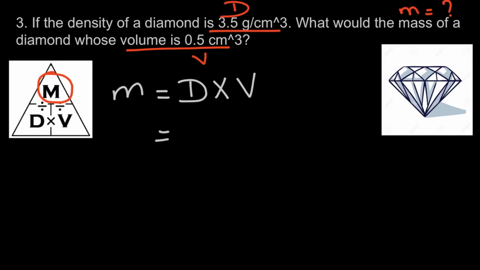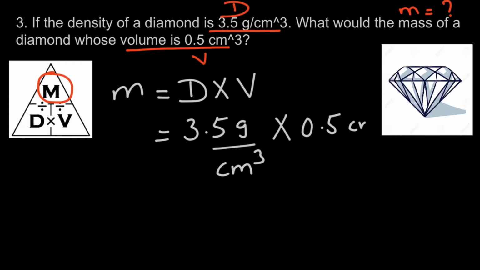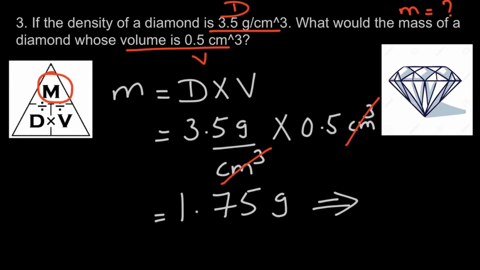Right, so here we have the density given for us, 3.5 grams per centimeters cubed, times the volume, which is 0.5 centimeters cubed. For the unit, we would cancel centimeters cubed with centimeters cubed to be left with 3.5 grams multiplied by 0.5. The answer would be 1.75 grams. However, we still need to make it into two significant figures.